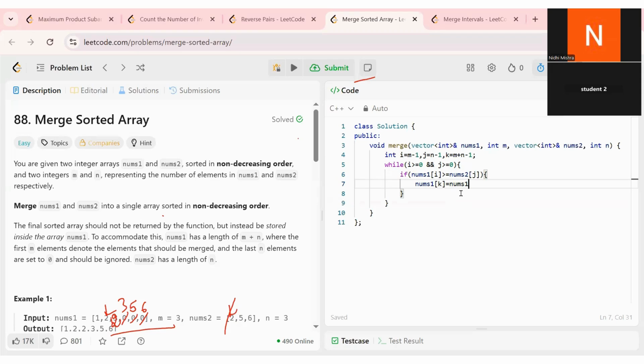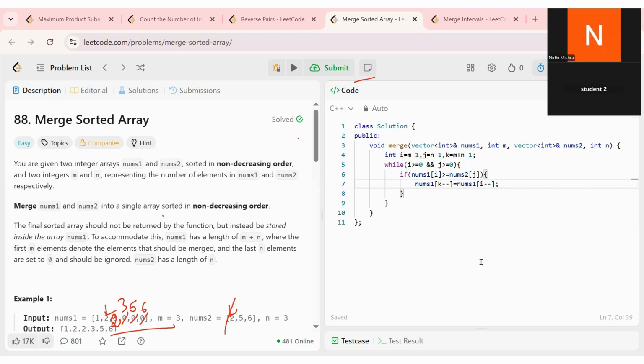Correct. I have to do k minus minus and i minus minus. What I can do here is, this is post decrement. Is that fine? Yes, ma'am.